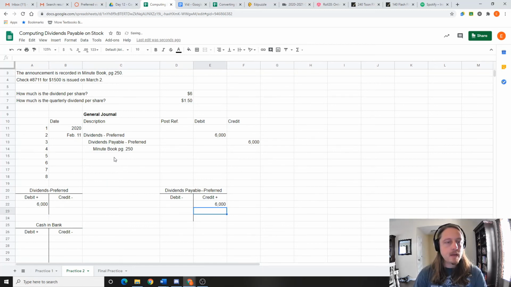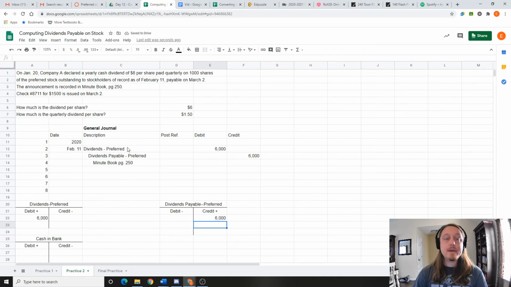Perfect. Okay, so now we got to issue that first check. So on March 2nd, when that comes around, we're going to send out some cash, pay people for the preferred stock. So we're paying $1.50 per share. So our dividends payable, our bill, what we owe, is going to go down on a debit for, let's do some math, $1.50.